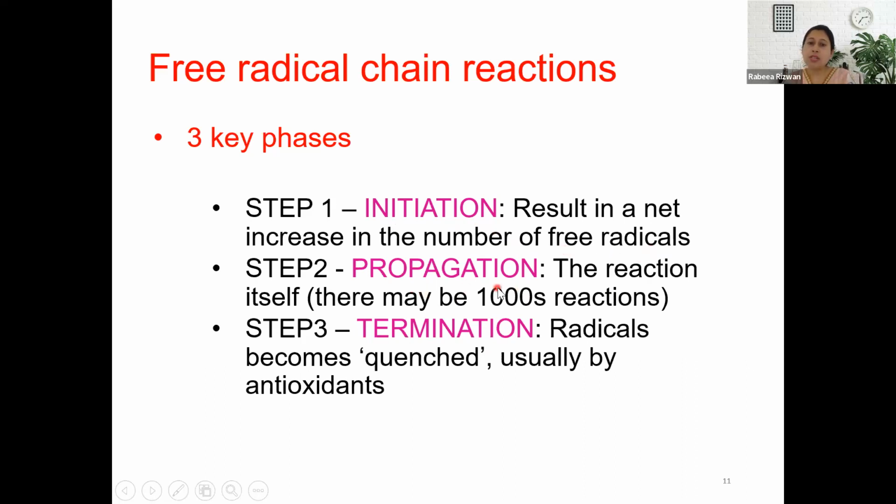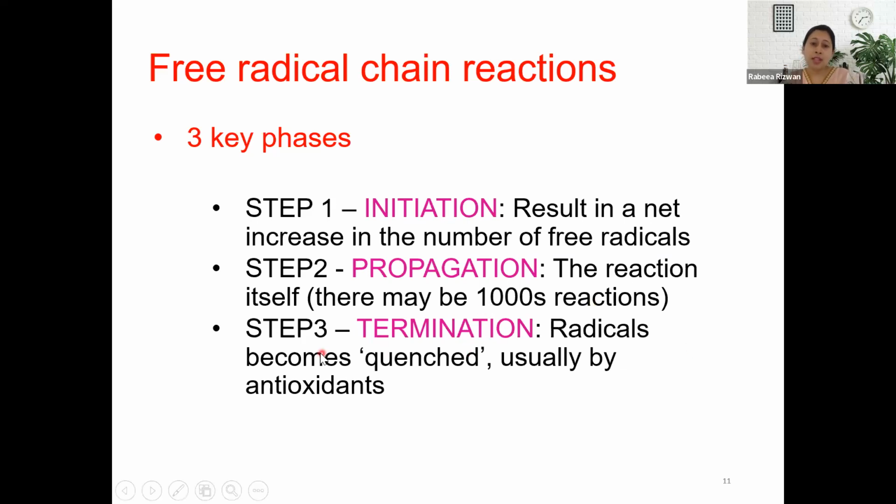Propagation means the continuation of this chain reaction, and thousands of quick reactions can occur one by one, because free radicals are highly reactive and unstable. That's why it is called propagation, continuing in a blink of time.